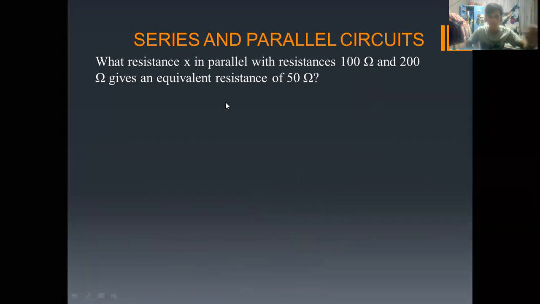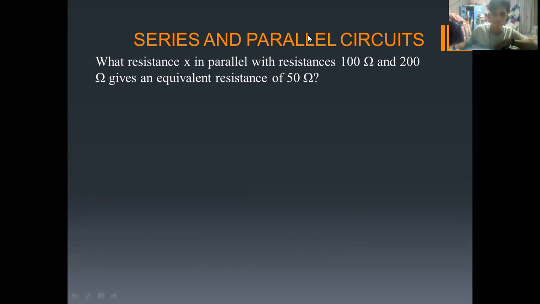Ito, dito tayo sa sample problem natin sa series and parallel circuit. Sabi, what resistance X in parallel with resistances of 100 ohms and 200 ohms gives an equivalent resistance of 50 ohms.